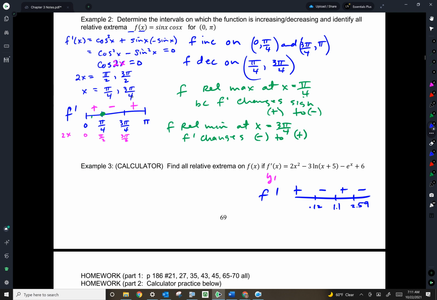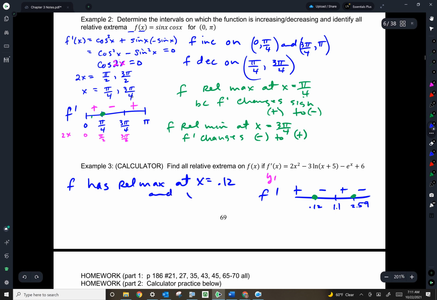If I want to talk about relative extrema, I'm going to say f has relative max at, well, look over here. The derivative changed from positive to negative at 0.12, but also at 2.59. So there are 2 relative max. That's fine. So relative max at x equals 0.12 and x equals 2.59.